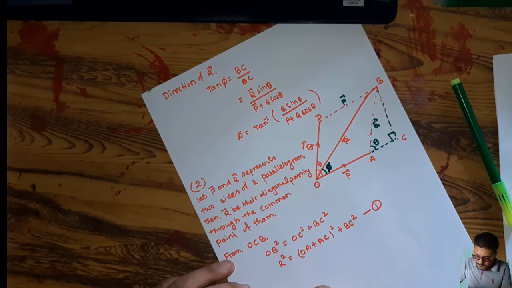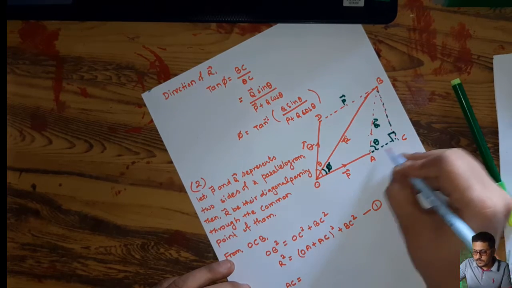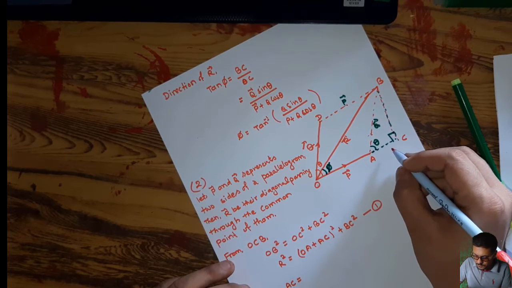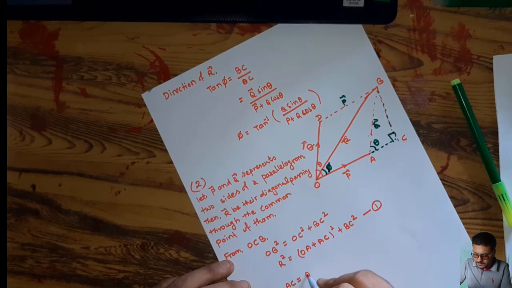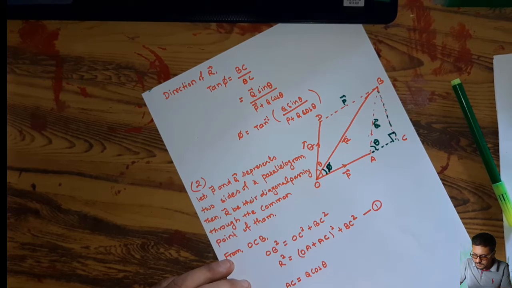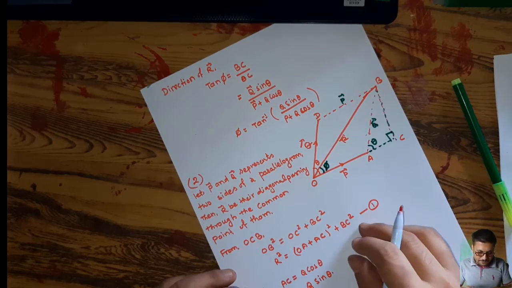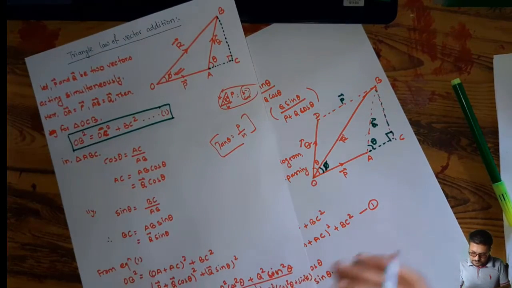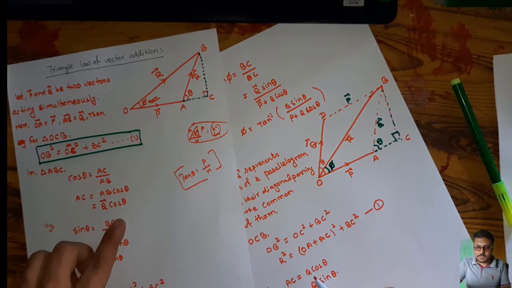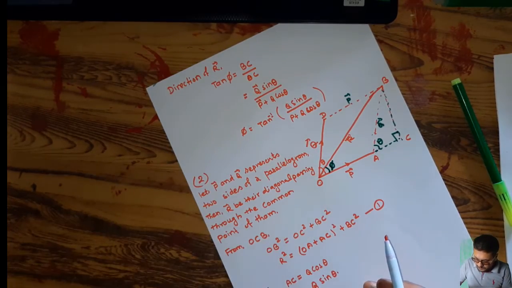That's why I have written directly here that AC is equal to Q cos theta, and BC is equal to Q sin theta. We had done the same in the previous case, nothing problem.